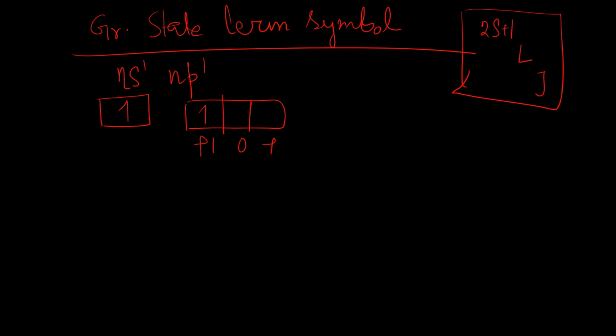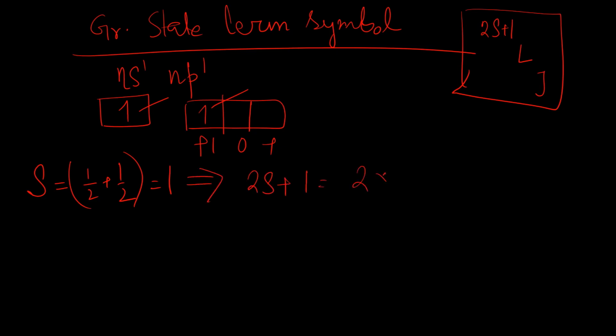So what is the S value? 2 electrons are present, so half plus half equals 1. These are unpaired electrons, so half plus half. So 2S plus 1 equals 2 into 1 plus 1 equals 3. Then the L value is the summation of ML, which we already know.